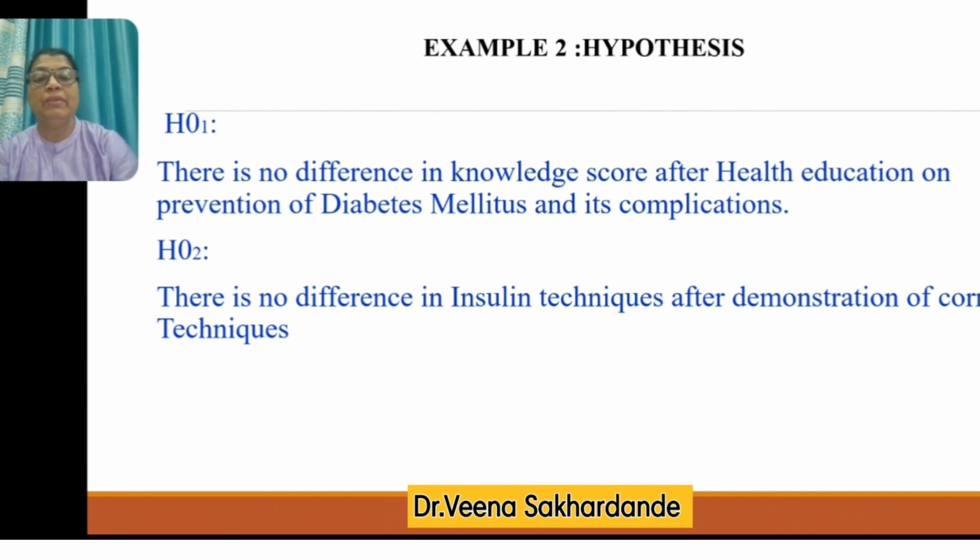Previously we used to write both the alternative and null hypothesis, as we have seen in the previous slide. But in this slide, example 2, there is no difference of insulin technique after demonstration of correct technique, or no difference of knowledge after the health education on the prevention of diabetes mellitus and its complication. That means nowadays we write only the null hypothesis, again based on the objectives.